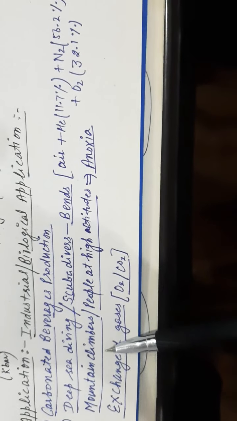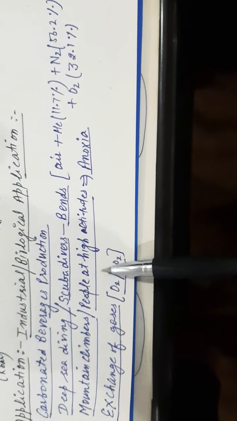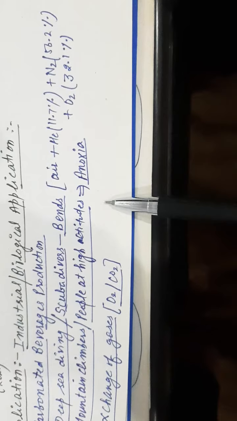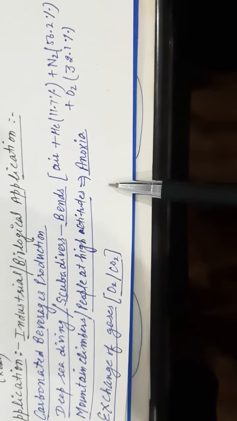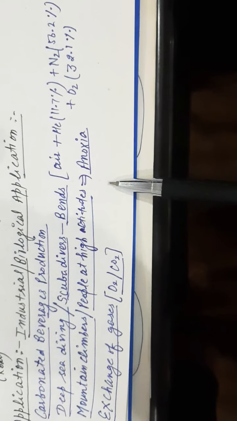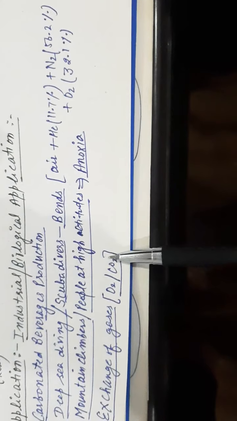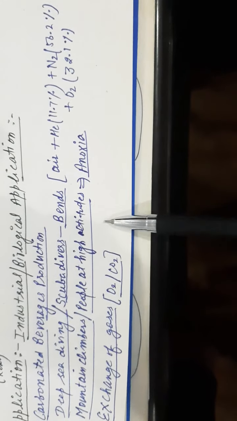Next, an important application is for mountain climbers, or we can say people living at high altitude, who suffer. At high altitude, the partial pressure of oxygen is less than that at ground level, and a low concentration of oxygen in blood occurs. So low oxygen in blood and tissue gives rise to weakness and inability to think.